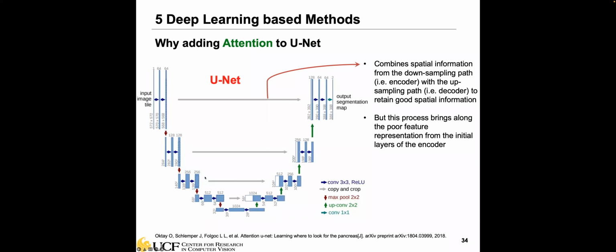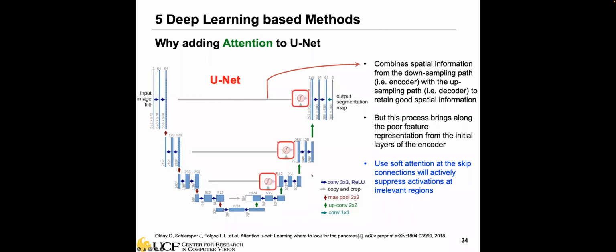Gradually, we build high-level representations, right? So maybe we need some mechanism to suppress some of the activations that may not be relevant. When we inject these feature maps, we want to selectively inject the knowledge in the upsampling part.